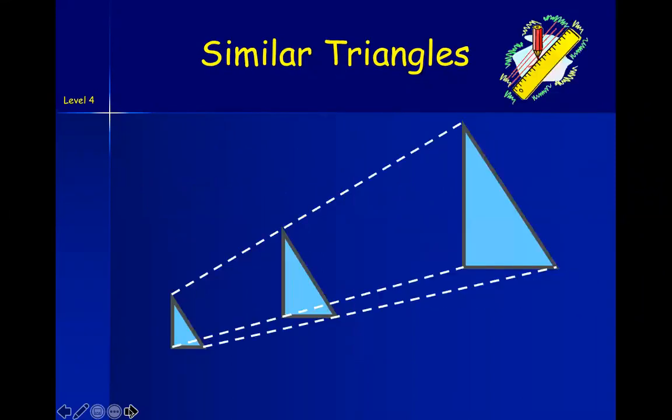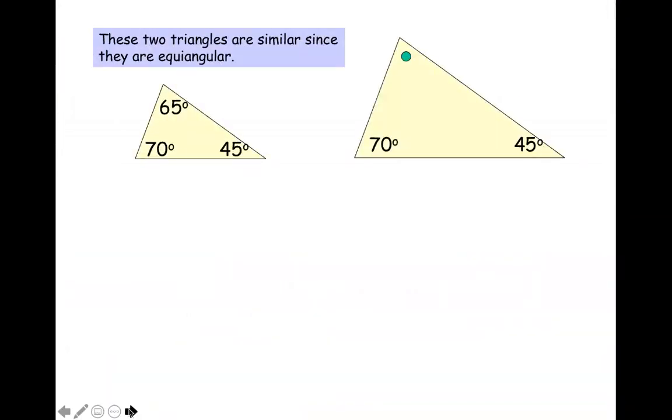So again, what we need to look at is to keep the ratio of each side the same, the way we were looking at before. So angles need to be the same. So you've got 70, 45. So that means that green has got to be 65, because all angles in a triangle add up to 180 anyway.